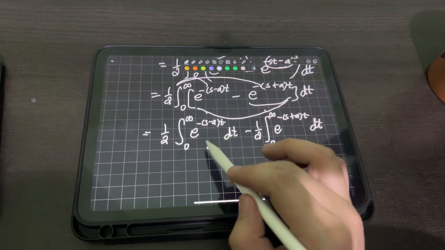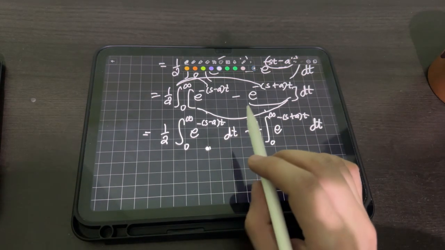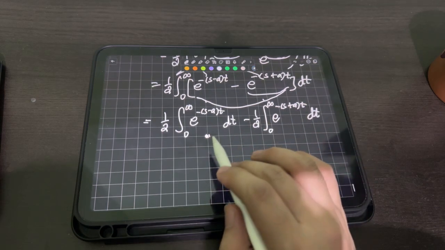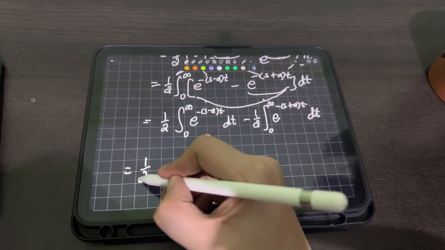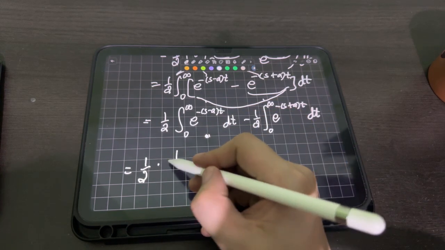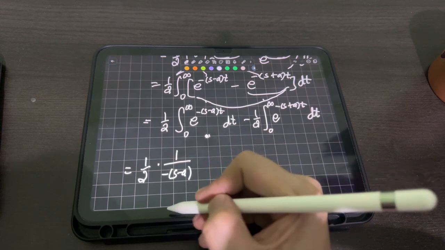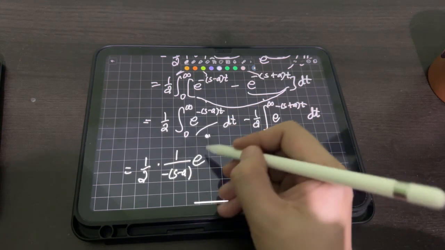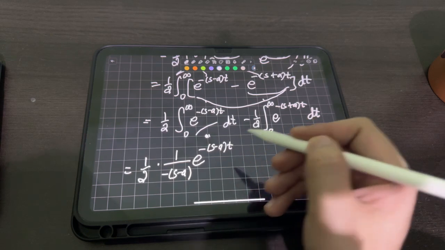So how do we evaluate the first integral? It's just an exponential function. So the shortcut formula that we applied on the previous problem. So its integral is just 1/2 then times 1 over that coefficient, negative quantity s minus a, times the original function e to the negative quantity s minus a t.